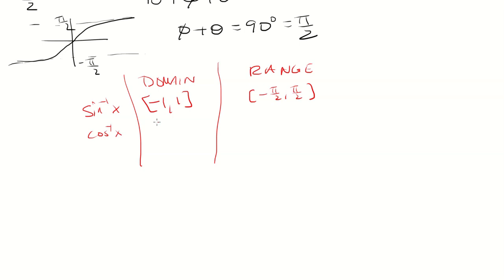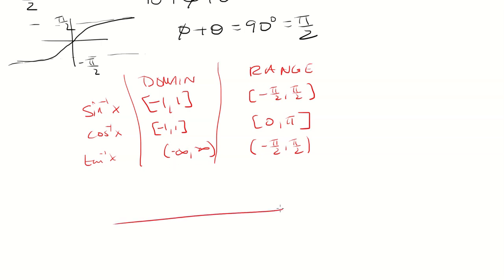For inverse cosine, the domain is still negative 1 and 1, but the range is from 0 to pi. And then inverse tangent, the domain is negative infinity to infinity, and the range is negative pi over 2 to pi over 2, but make sure not to include those.